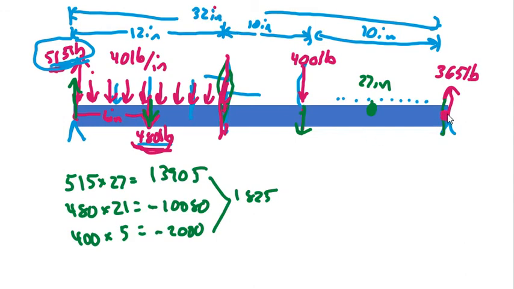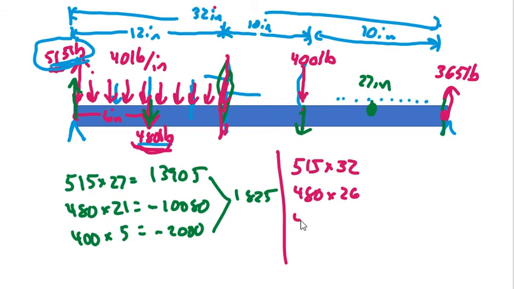And then let's change colors here. And let's do this one. So I have 515 times 32. I have 480 times 32 minus 6, 26. I have 400 times 10. 515 times 32, that's going to be a positive moment, 16480 pound inches.